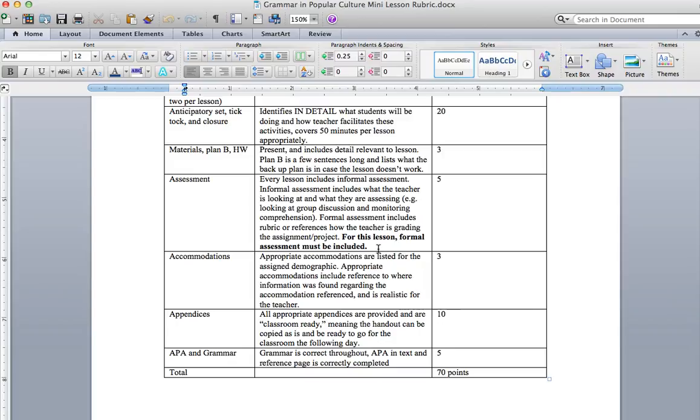I also will take off points for APA and grammar if you do not cite them correctly. For example, if you don't use a citation for a particular lesson plan that you've rewritten, that will come off of those points. I do want these to be semi-original, meaning if you do choose to use a lesson that you've taken offline, it does have to be reworked or redrafted in your own unique way.